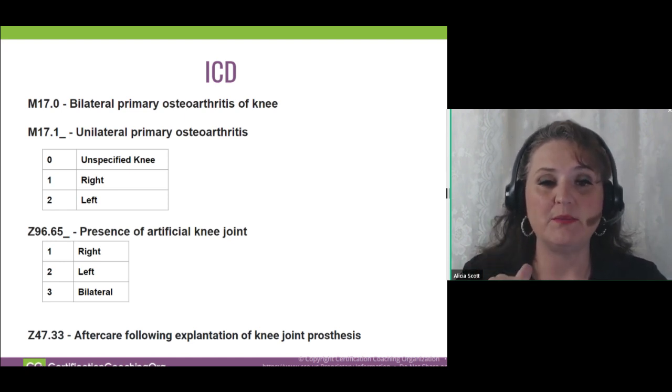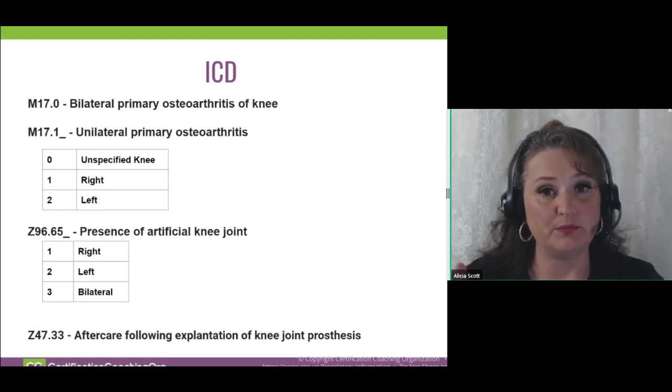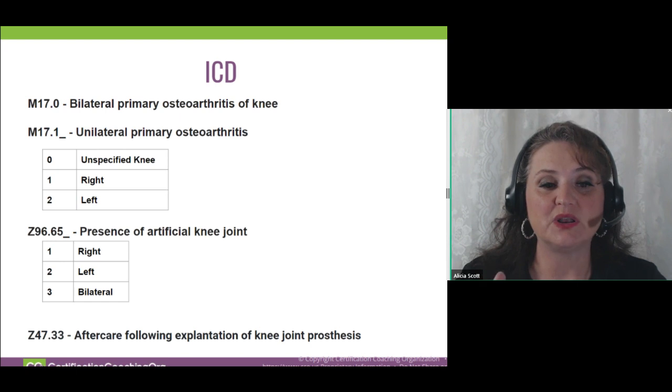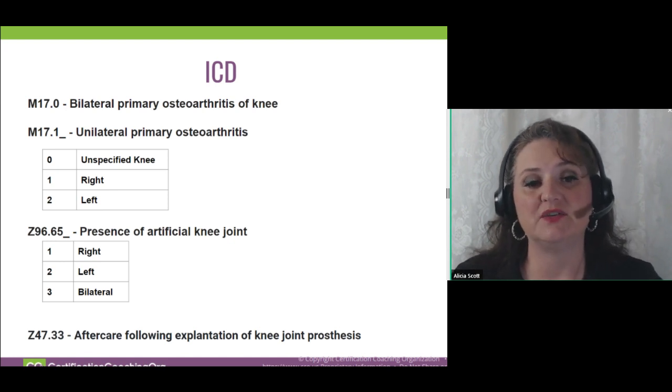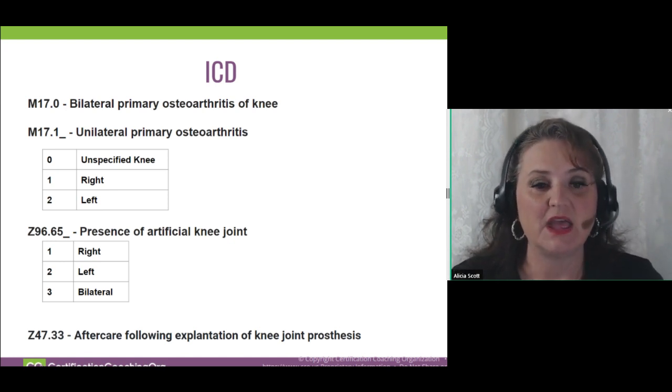Unilateral, meaning one, primary osteoarthritis. Is it of the unspecified knee? We hope not. Or right or left. So if they do the right knee, it would be M17.11. They've got osteoarthritis of the right knee.